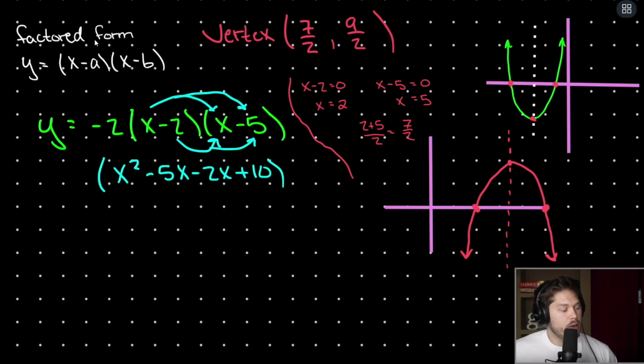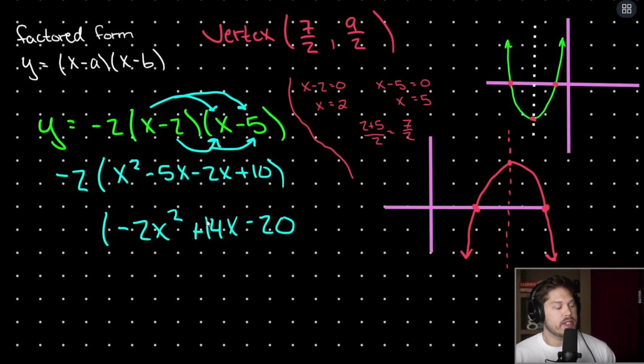Of course, this is all times a minus 2 on the outside, but we can combine our like terms and multiply in our minus 2 to get minus 2x squared minus 14x minus 20. And this will actually be a plus 14x.